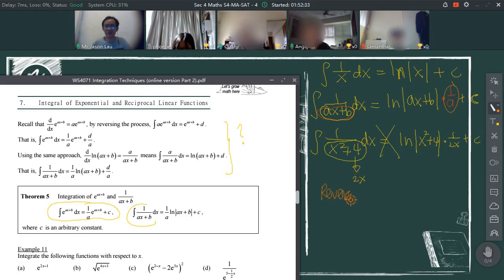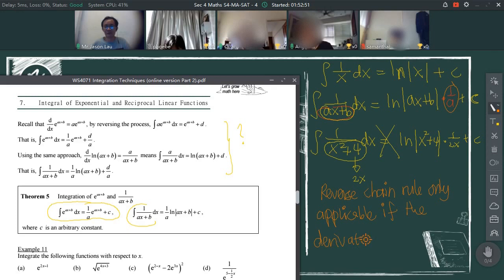Okay, so I tell you this. I call it the reverse chain rule. It is only applicable if the derivative is a constant.